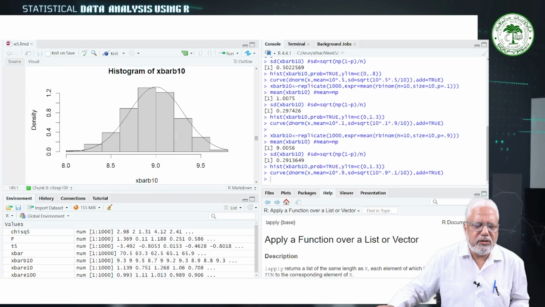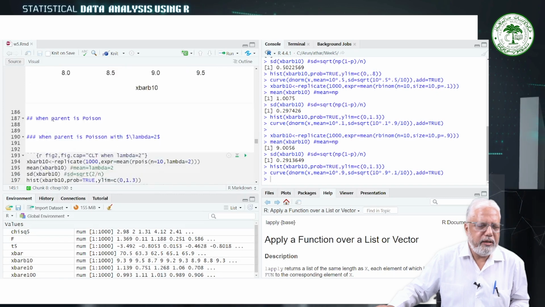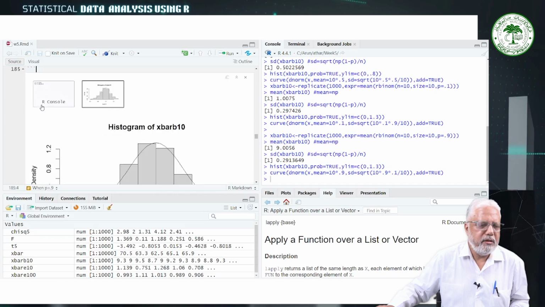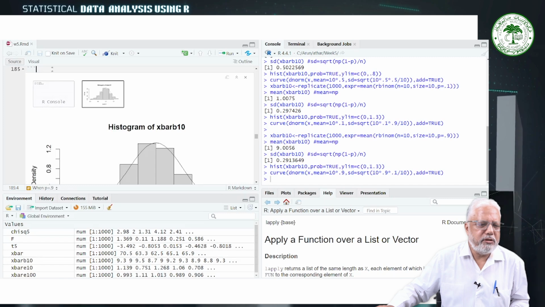We can change these by making some other options.